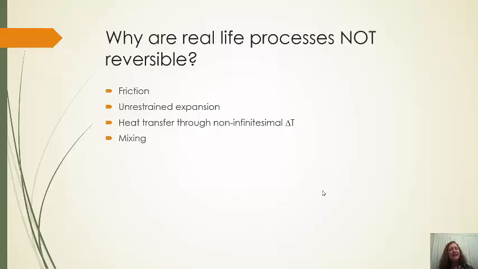And another one that's not as big of an issue for us in this course, where we're looking at pure materials, but is very critical when we get to looking at mixtures of chemicals, is the mixing problem. If I put things together and have them a well-mixed combination, I'm not going to get them back without a lot of effort.